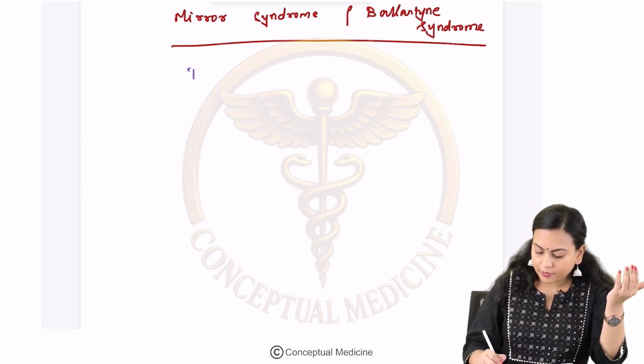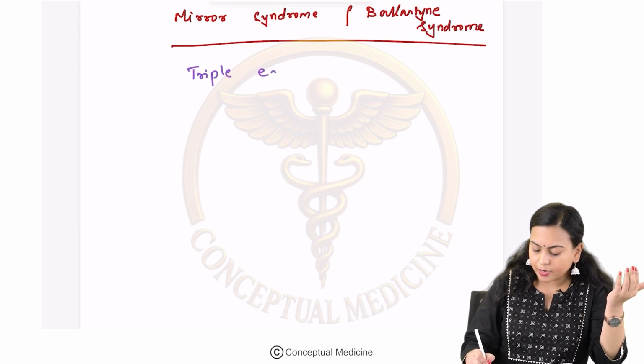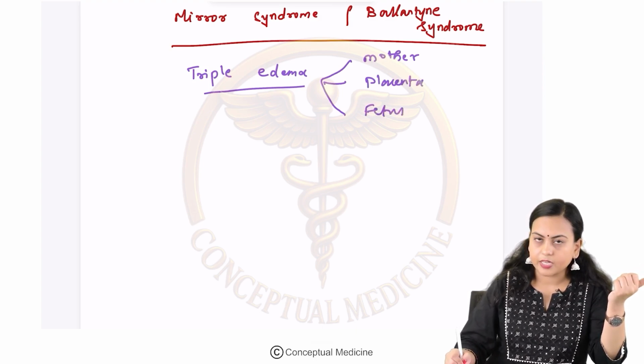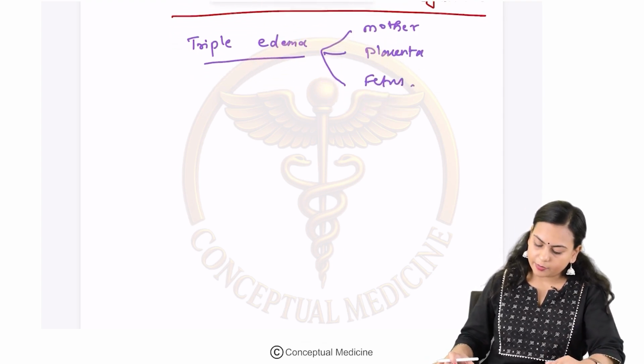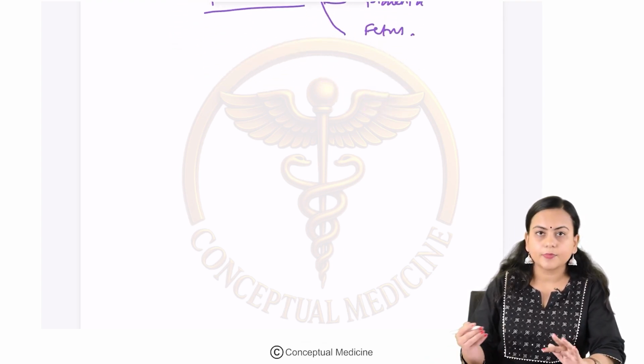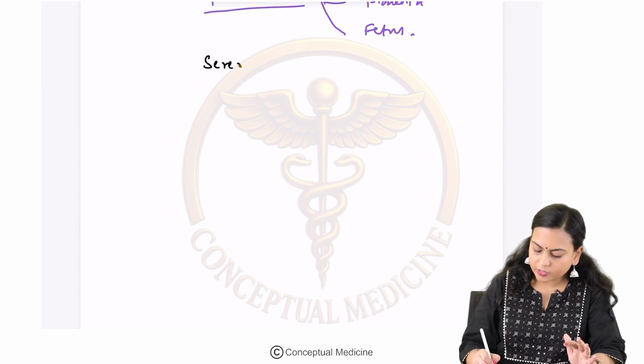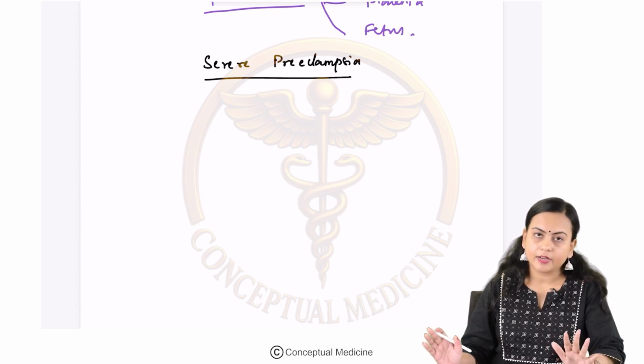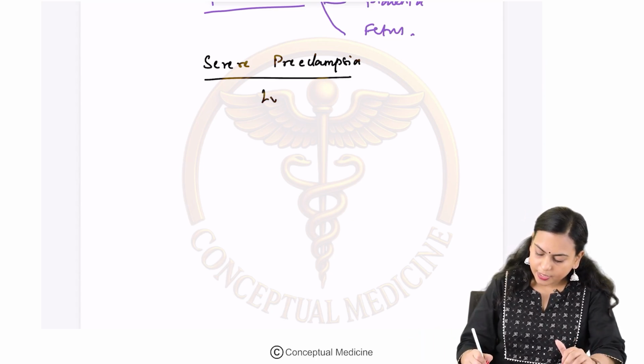So basically we can call it triple edema, where there is edema in the mother, placenta, and fetus. Sometimes this may mimic a case of severe preeclampsia also.